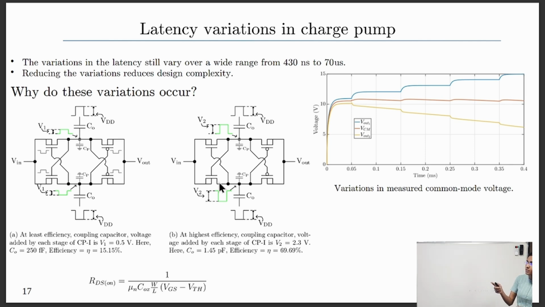From our simulations, that voltage is equal to 0.5 volts. That is the VGS for those transistors, and at highest efficiency that voltage is higher. So from the equation given below, the RDS is not constant. This changes the time constant of the charge pump, due to which these variations occur.